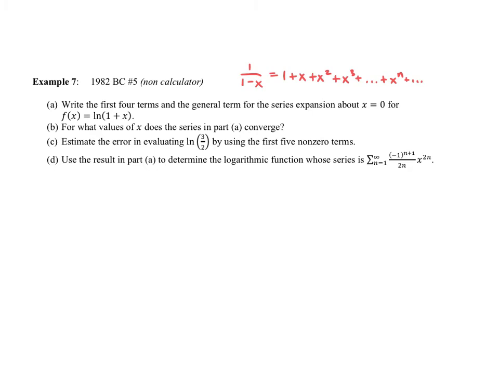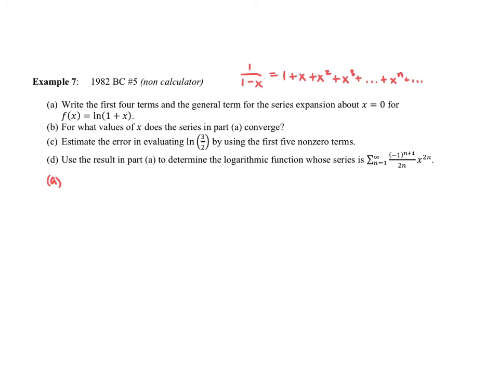And our goal here is to somehow compare the only power series we know to the natural log of 1 plus x. So what I'm going to do is look at what I know about natural log, and what I know about derivatives or integrals. As you think through the possibilities in terms of manipulation, there's really nothing we can do directly to get there. I don't think there's any algebraic manipulation we can do.